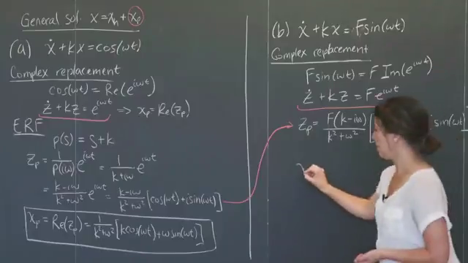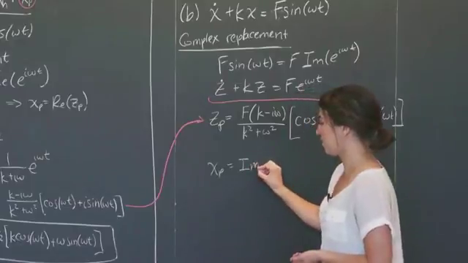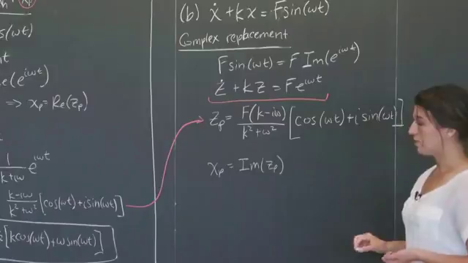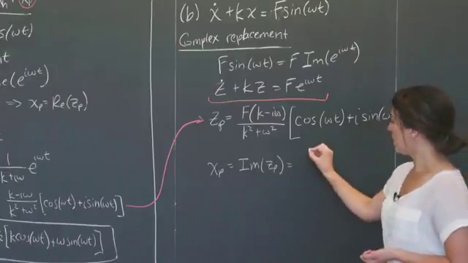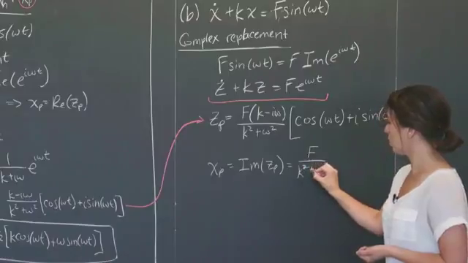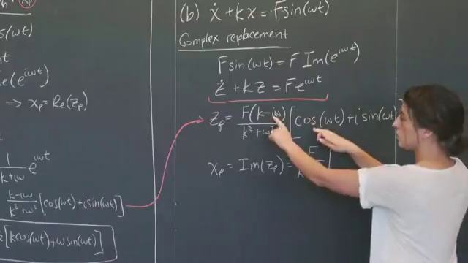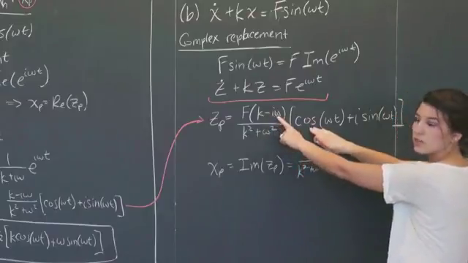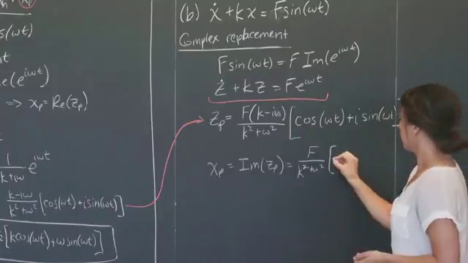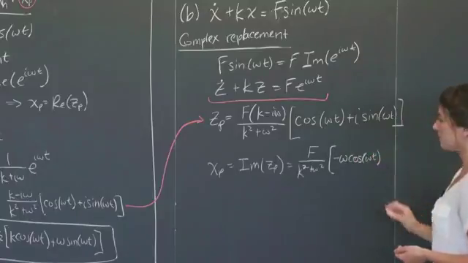And again, x sub p is now, in this case, the imaginary part of z sub p. So to get the imaginary part, we have f over k squared plus omega squared. And now we want the factors that are multiplied by i. So minus i omega times cosine omega t will give us a minus omega cosine of omega t.